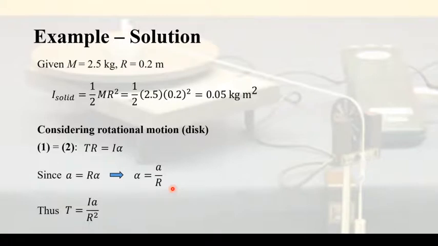If you're going to apply simultaneous equations, you can only have two unknowns in your solution. In this equation, T equals IA over R squared, you have the values for I and R. The things that you don't have are T and A, so you have two unknowns here.